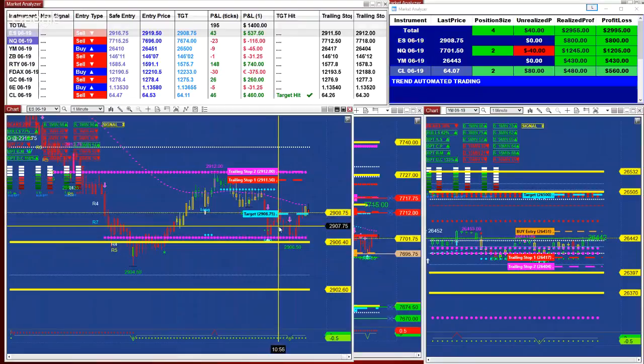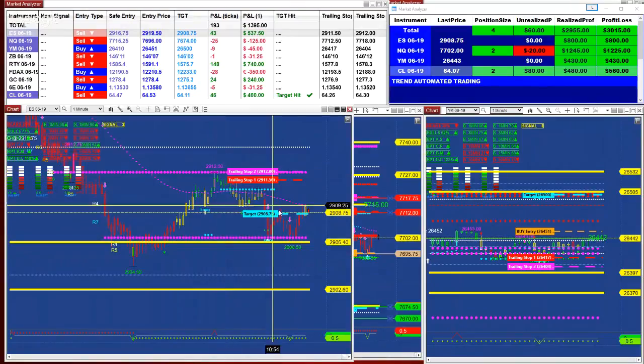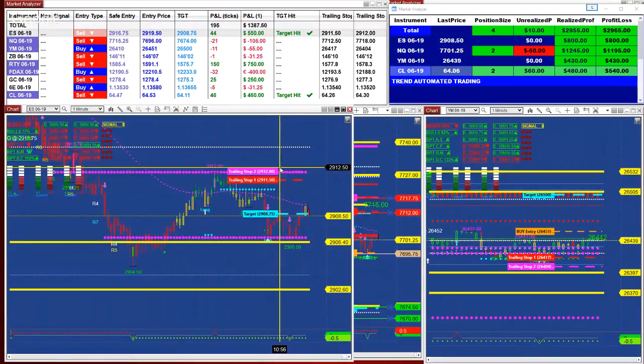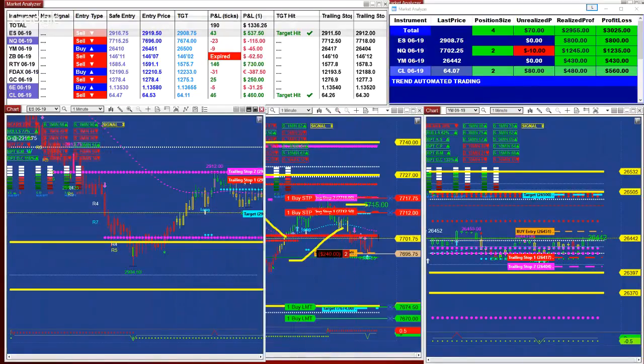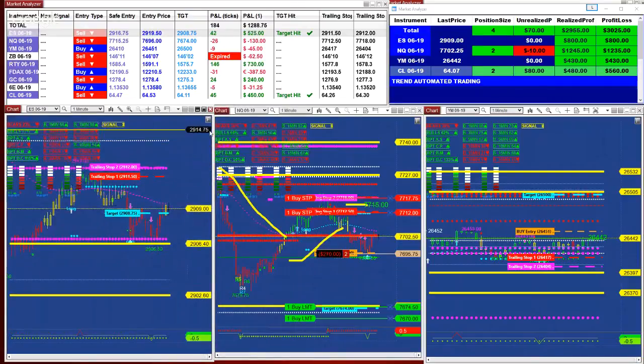We are caught between the support line and the resistance line. So at the moment, I like to see that ES either dropping below the 906.5 or breaking the 912 in order for us to trade again. So we will see what is going on. And you have to be patient with your trade.